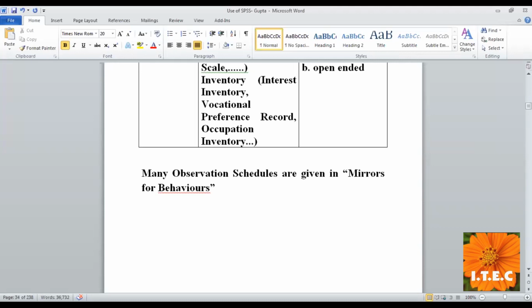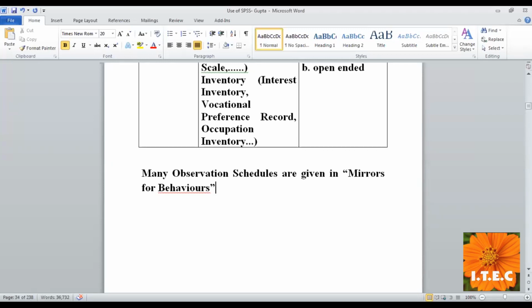But if there is a vice chancellor and you want some information about the university, then the vice chancellor will be able to give you, or even the registrar. But some information the registrar will not be able to give, but the vice chancellor will. So if you want to collect information from the vice chancellor, you cannot use a questionnaire. You have to use the interview schedule.